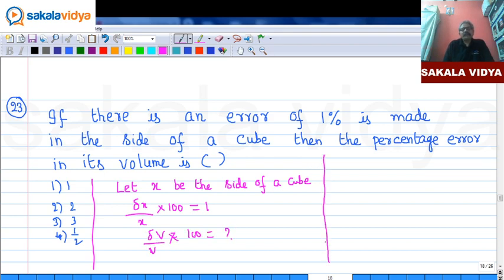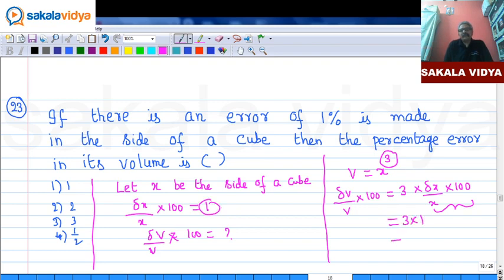Volume of the cube is side cube, v is equal to x cube. What is the dimension in x3? So, delta v by v into 100 is equal to 3 times delta x by x into 100. This value is equal to 1 given. So, 3 into 1, the answer is 3%. So, that means third option is the right option.